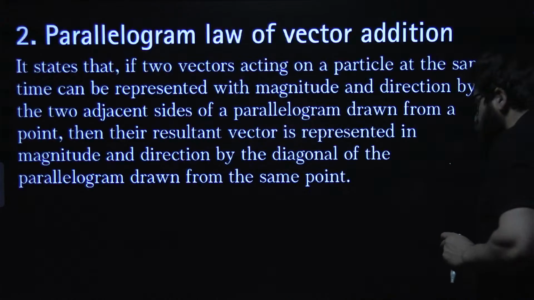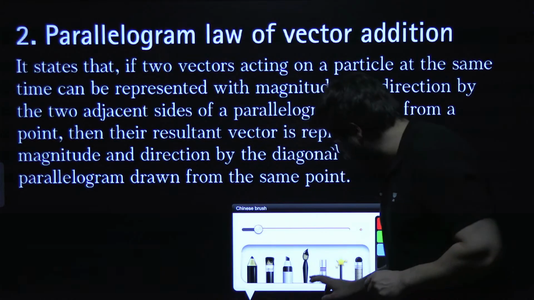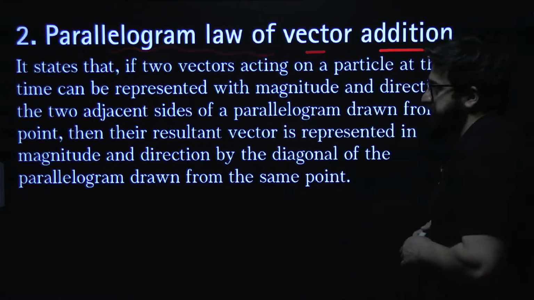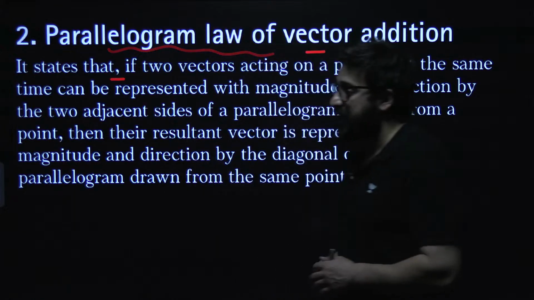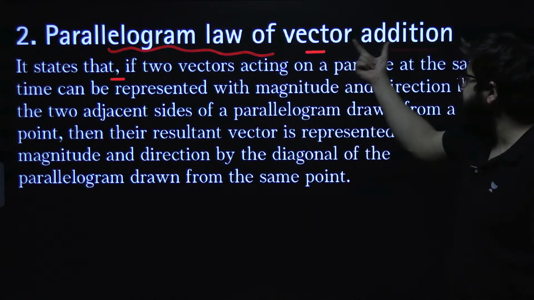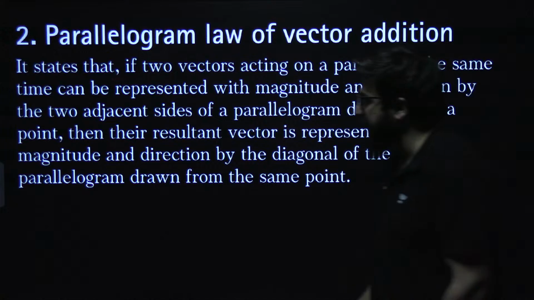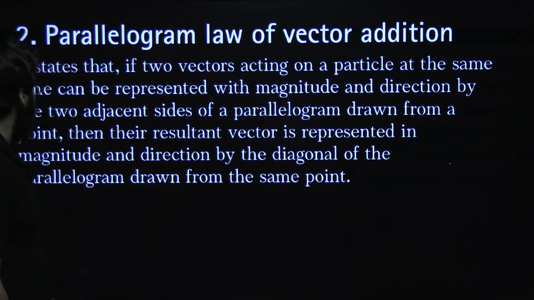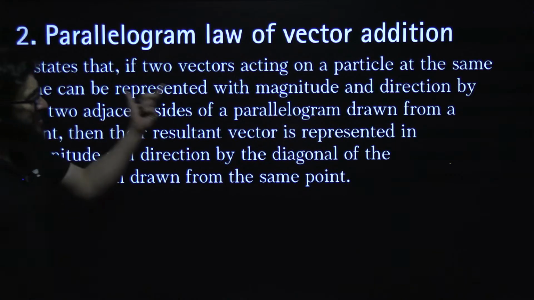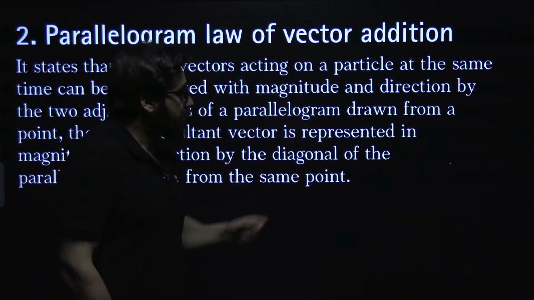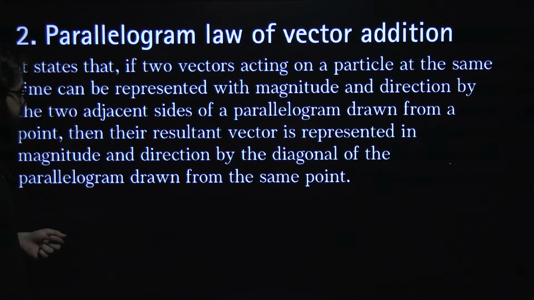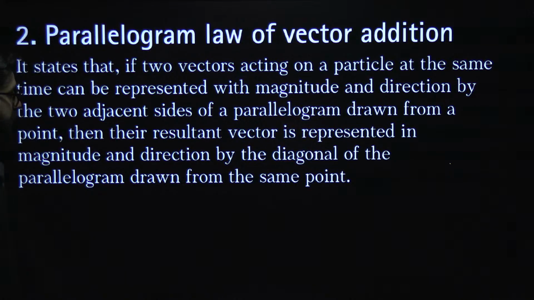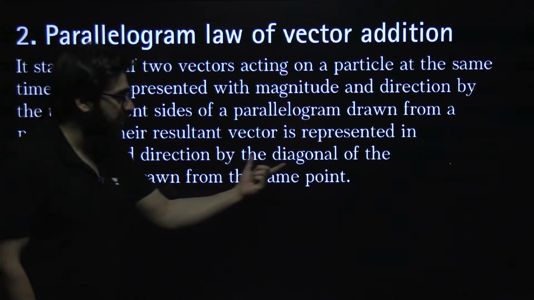Now when it comes to the parallelogram law, you take a look over here. The parallelogram law of vector addition states that if two vectors acting on a particle at the same time can be represented in magnitude and direction by the two adjacent sides of a parallelogram drawn from a point, then their resultant vector is represented in magnitude and direction by the diagonal.